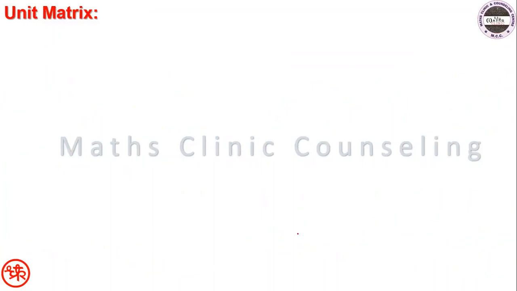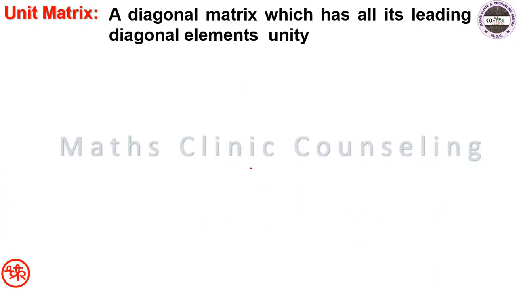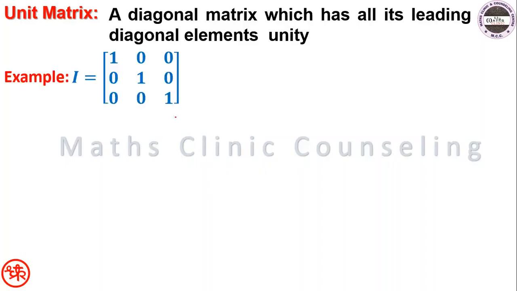Now unit matrix. Okay, in a scalar matrix or in a diagonal matrix, if every leading diagonal element is 1, then it is called a unit matrix. It is represented by I. Okay, so we can write another example, I1 that is equal to 1 0 0 1.